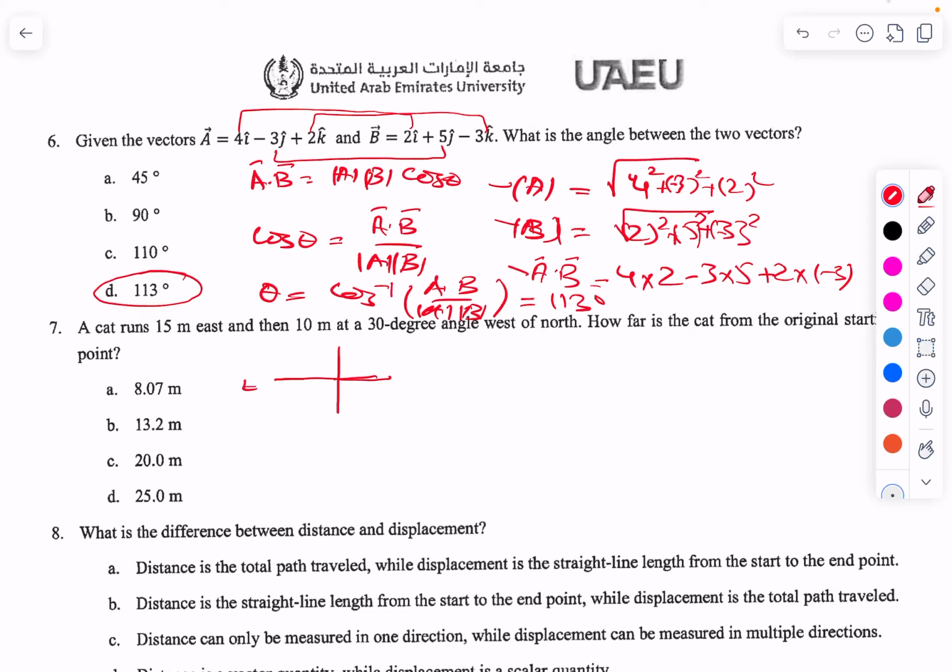This is your east, this is your west, this is your north, this is your south. Okay, so 15 meters east, and then 10 meters at a 30 degree angle to west of north, so making a 30-degree angle.